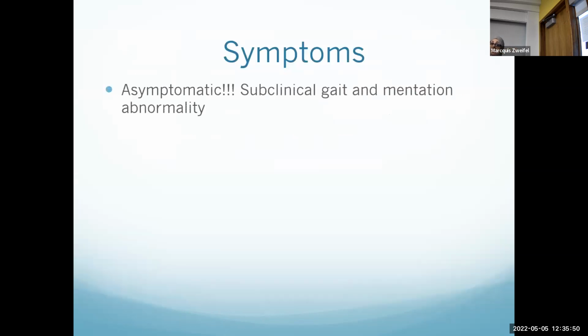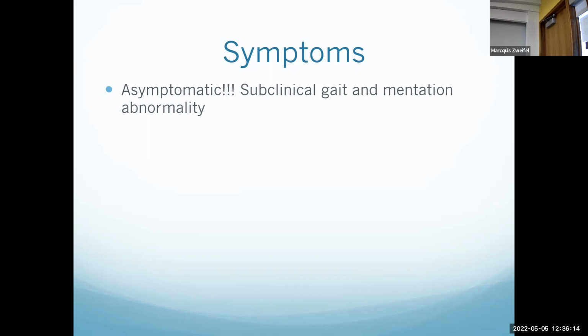Okay, symptoms. A lot of them are asymptomatic, with subclinical gait and mentation abnormality. The one patient who was in the 80s in Truman, I remember he actually had cerebral palsy. So everybody in the ICU said no change in mental status. And I was like, how can we even assess that?